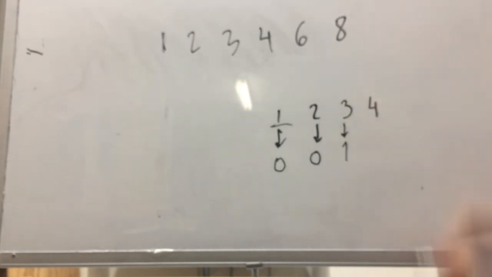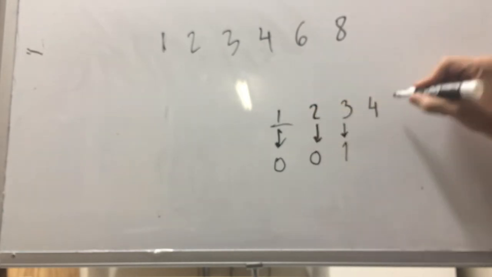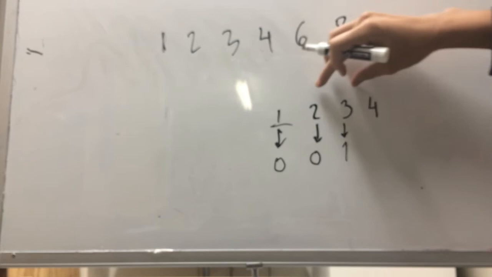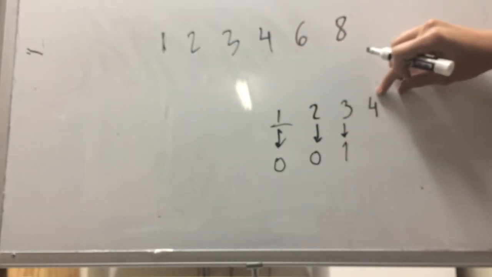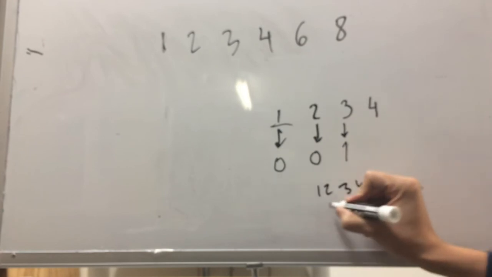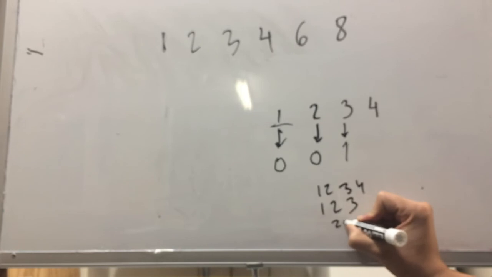If we add 4, that means there will be 1, 2, 3, which is one arithmetic slice, and 2, 3, 4, and 1, 2, 3, 4.